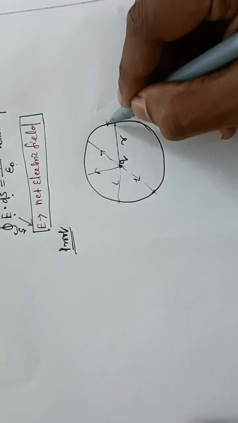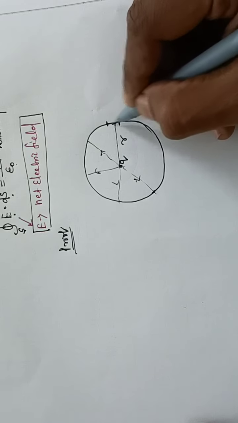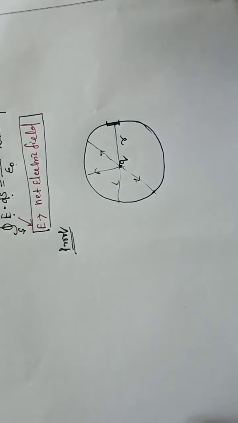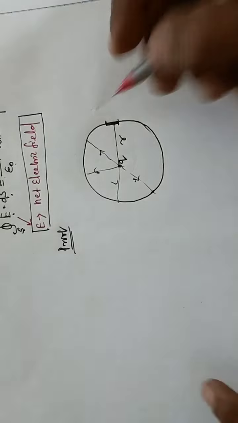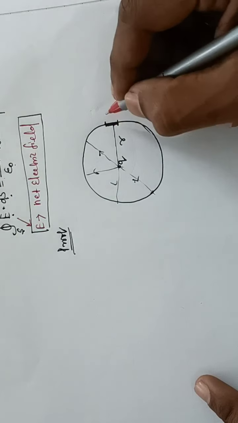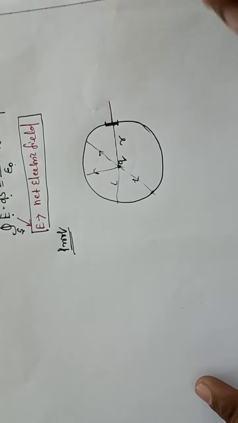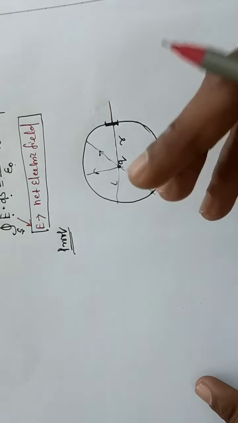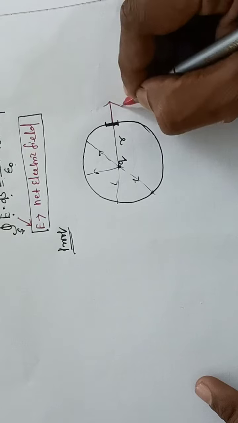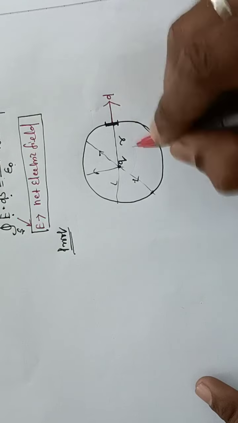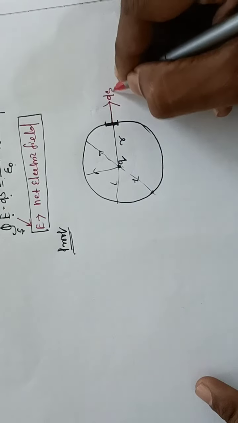Let's consider a very elementary area here. I will consider a very elementary section on the sphere. The direction of the area vector is always perpendicular to the plane, but in the case of a closed surface it is radially outward. So the direction of the area vector is this direction.